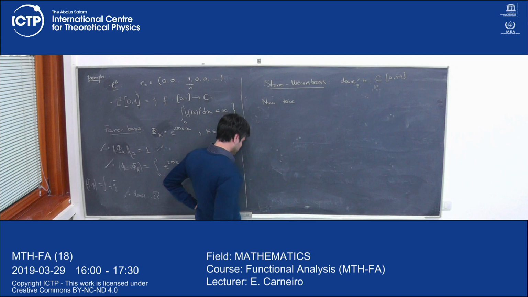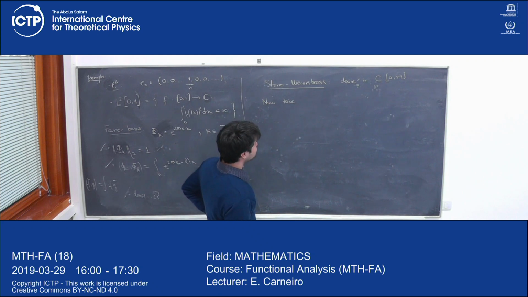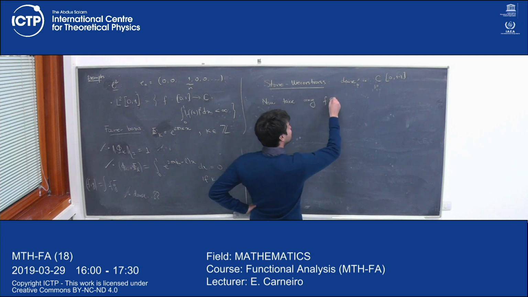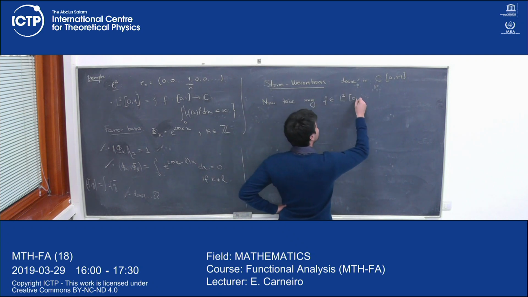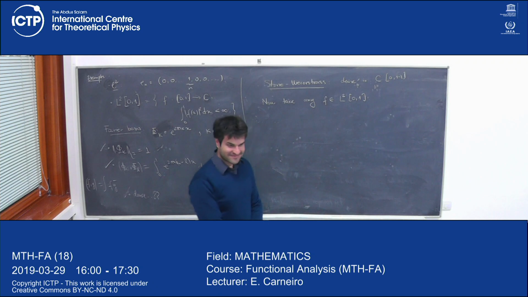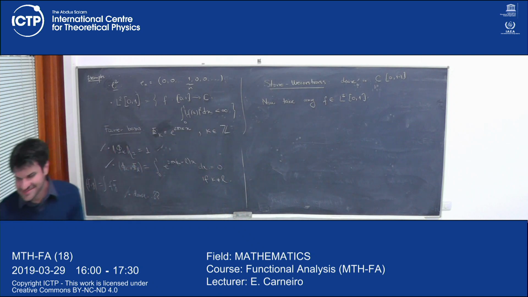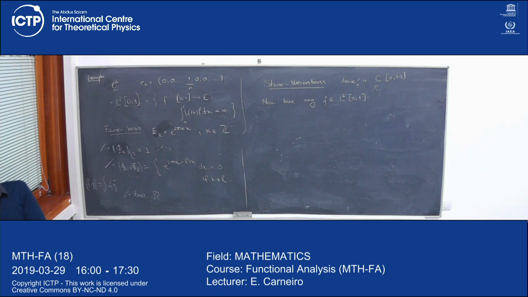Okay, so let's just see. Now take any f that belongs to L2 of 0, 1. Actually, I just have a small comment. We can just renormalize this wk so that they don't attain the same value at 0 and 1.